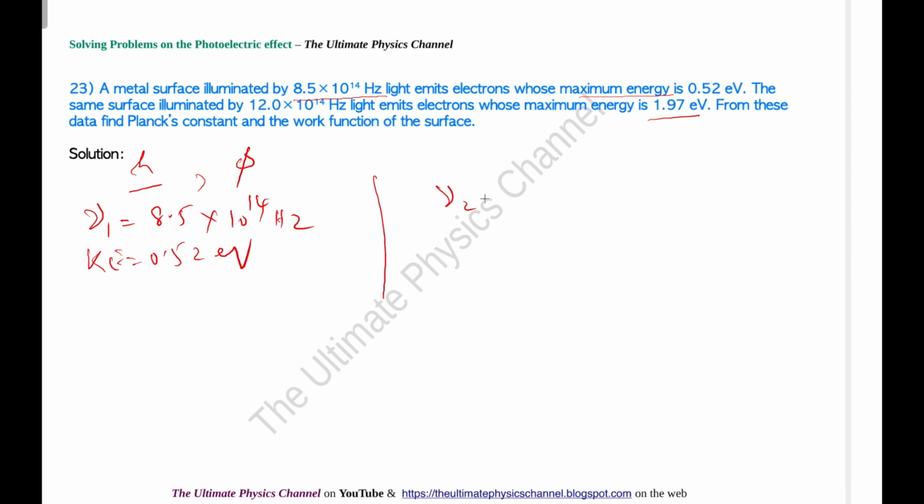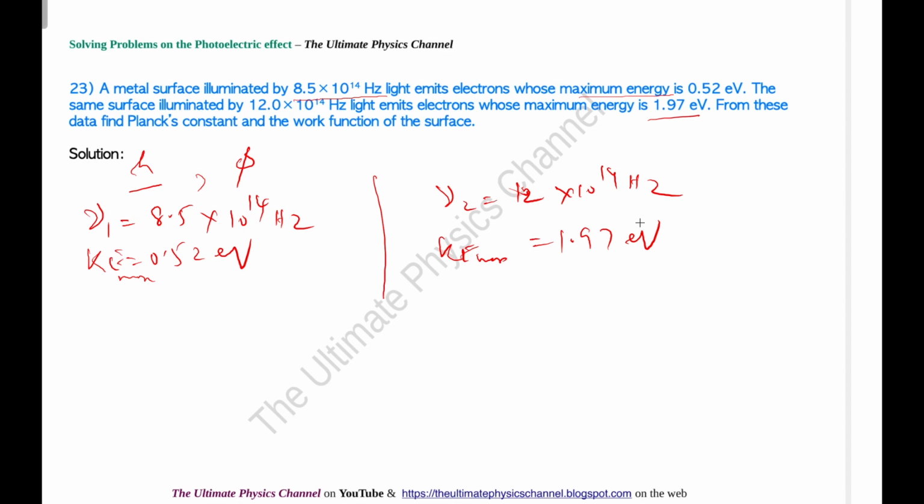Similarly, nu 2 is given as 12 into 10 power 14 hertz, and the Ke max here is given as 1.97 eV. So what we need to calculate is the Planck constant for the given data.